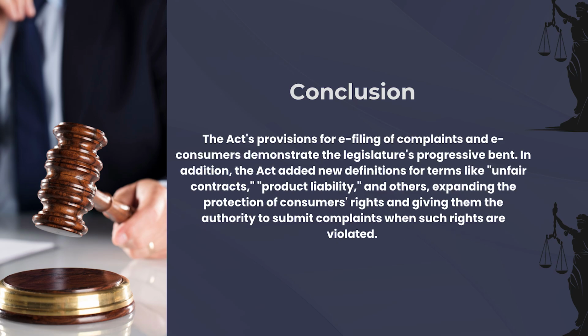The Act's provision for e-filing of complaints and e-consumer demonstrates the legislature's progressive bent. In addition, the Act added new definitions for terms like unfair contracts, product liability, and others, expanding the protection of consumer rights and giving them authority to submit complaints when such rights are violated.